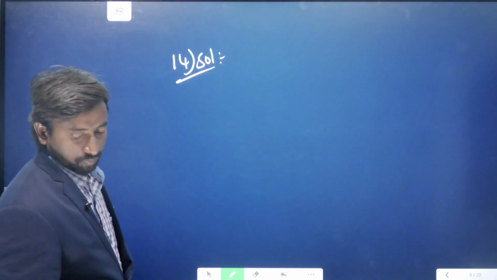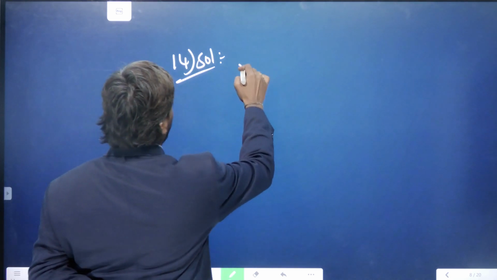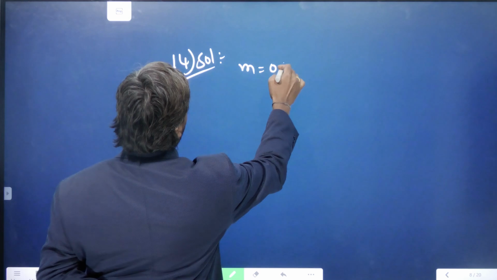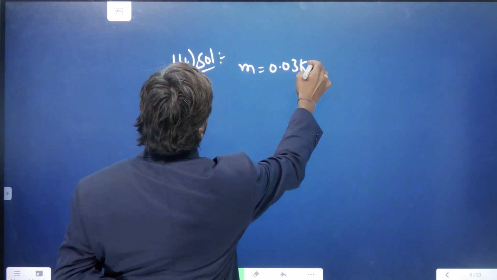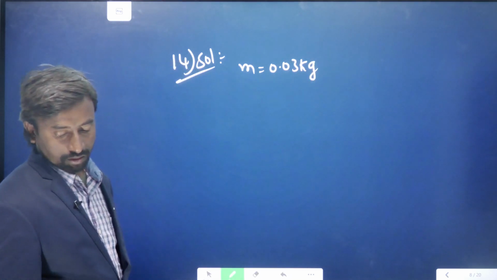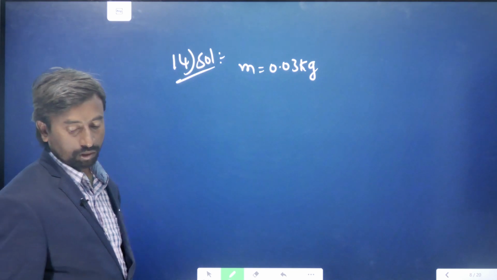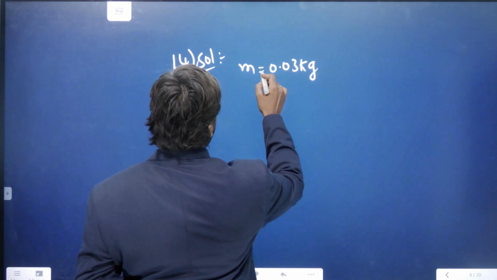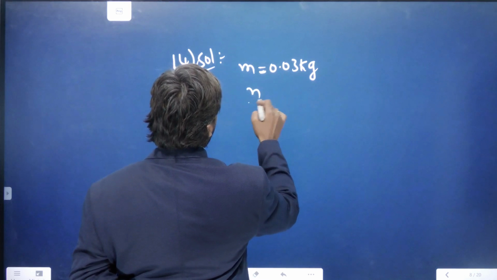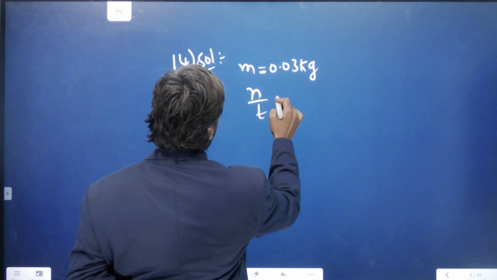Put in the problem. The mass of the body is given, and the rate of bullets, 200 bullets per second, the number of bullets per time, is given.